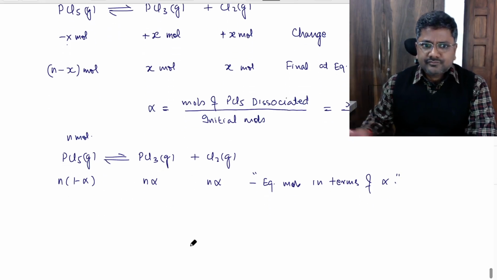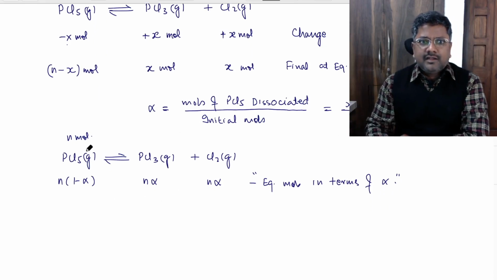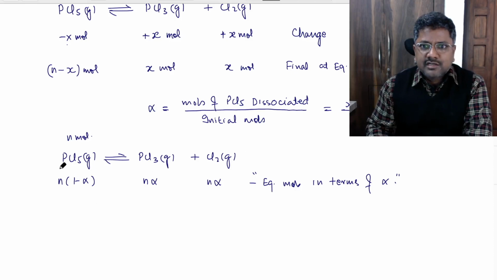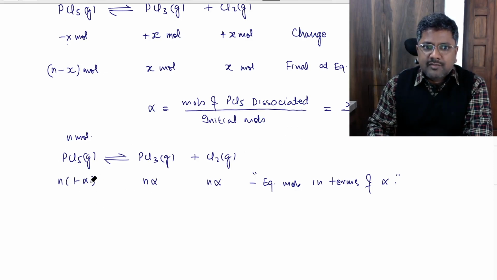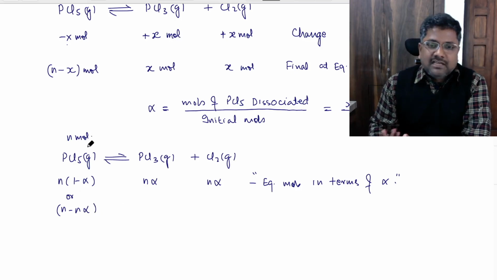Now if you want to find how many moles of this are dissociated, n into alpha, you have to multiply this. Or you can write here n minus n alpha. So alpha is equal to n alpha by n.